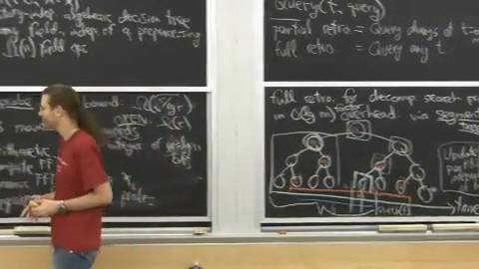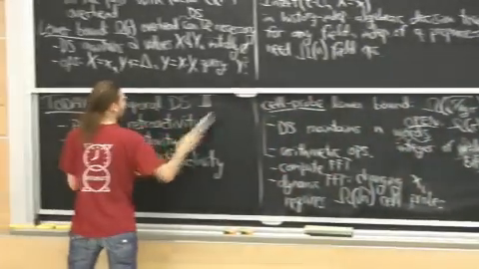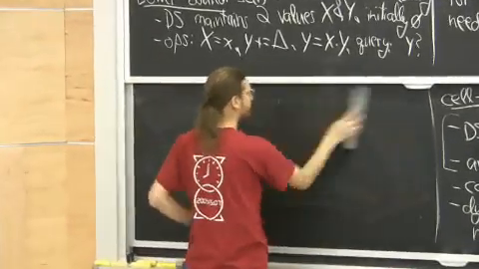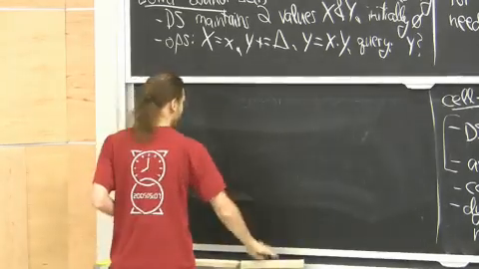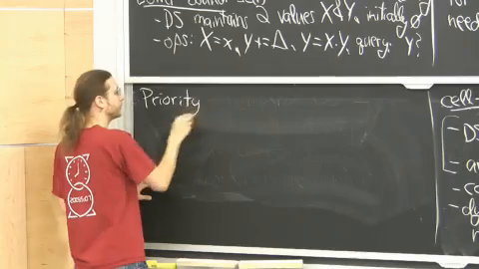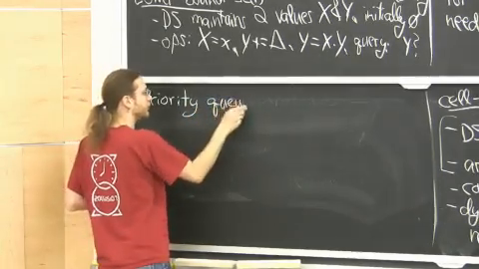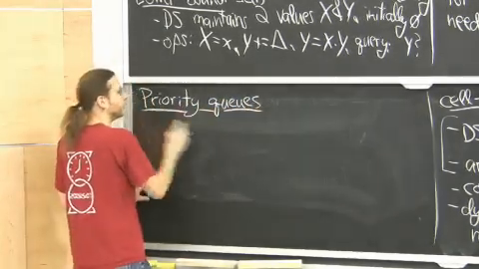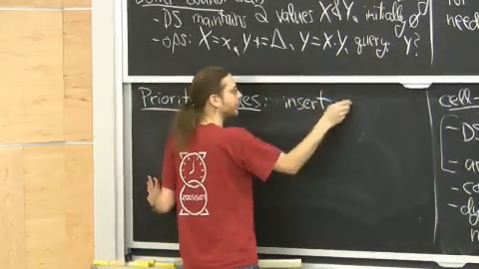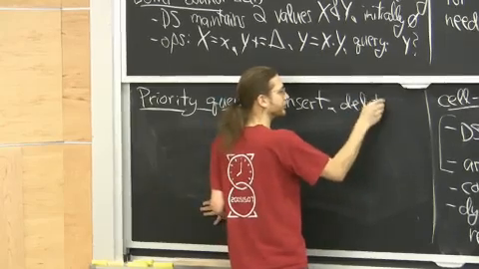So our intermediate setting will be priority queues, the example I showed at the very beginning. In a priority queue, I'm going to think about two operations, insert and delete-min.